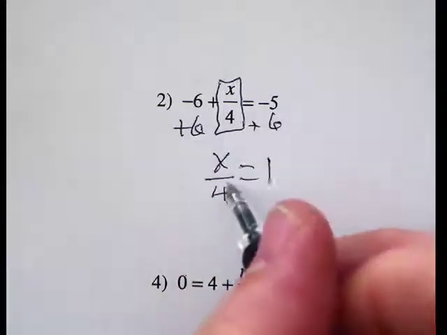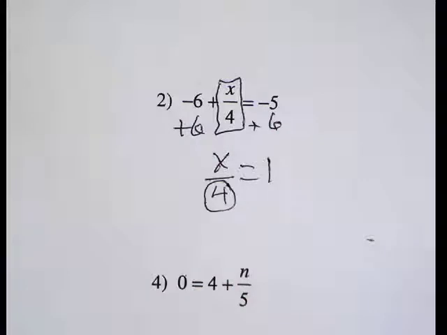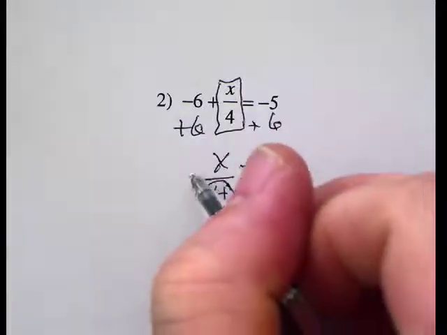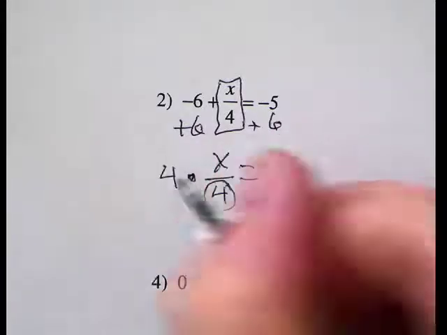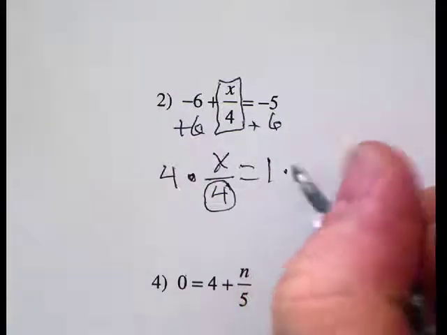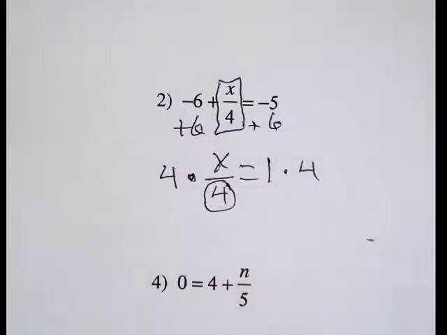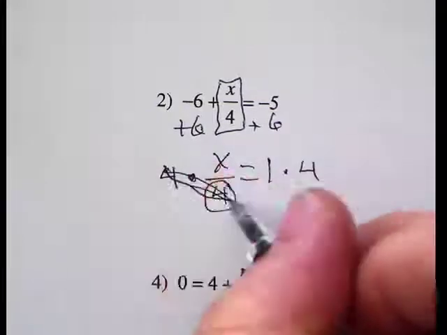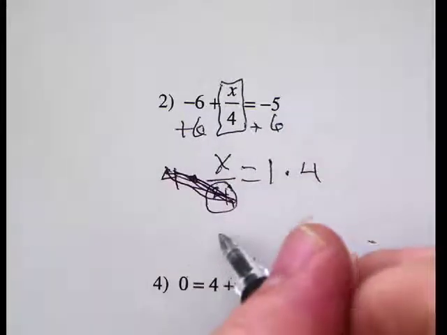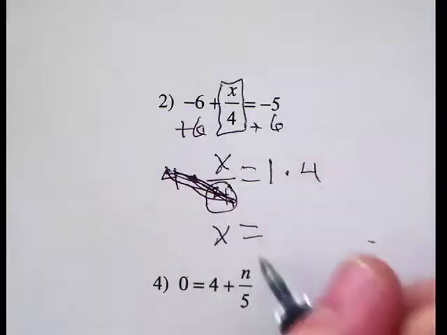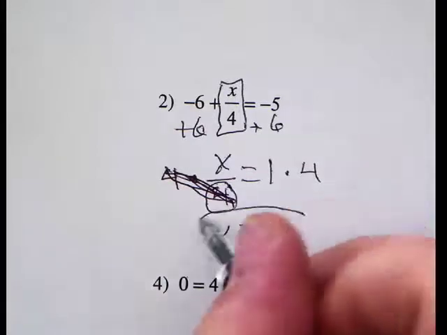Now we need to clear the fraction. Step 2 is clear the fraction by multiplying by the denominator. Our denominator is 4, so we're going to multiply by 4, both sides. The 4's cancel out, and we're left with x equals 1 times 4 is 4.